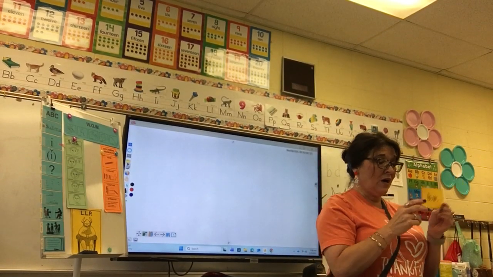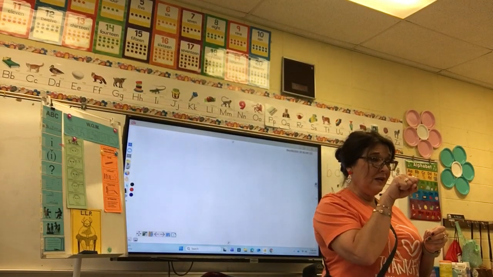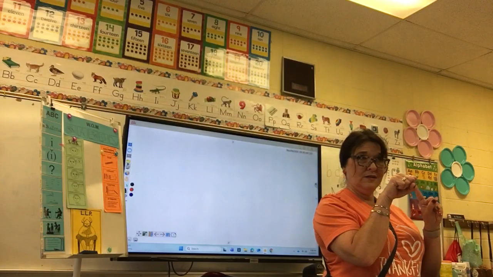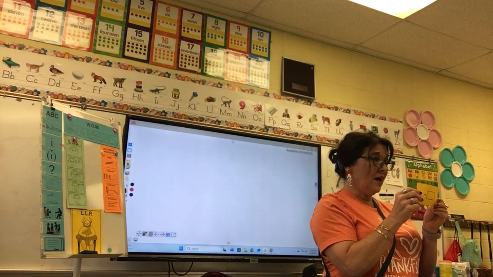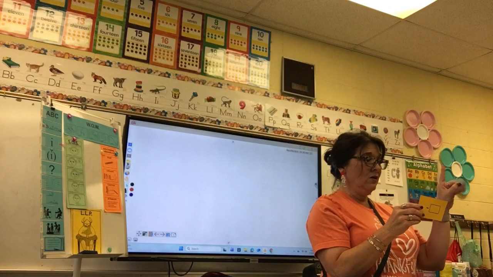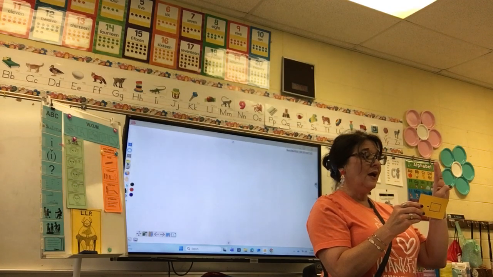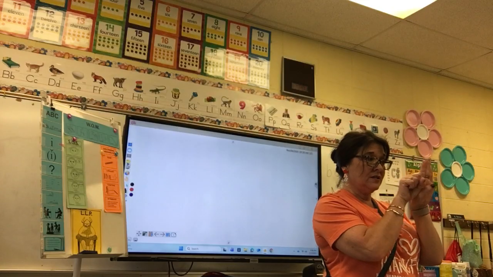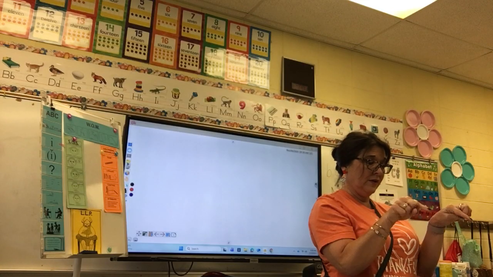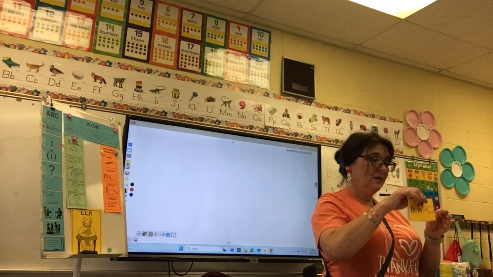A base word is a plain word with nothing added to it. Good. A suffix is a letter or group of letters added to the end of a base word. A suffix is coded with a box.